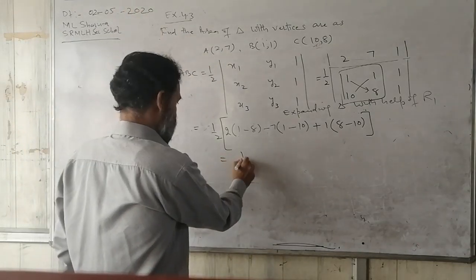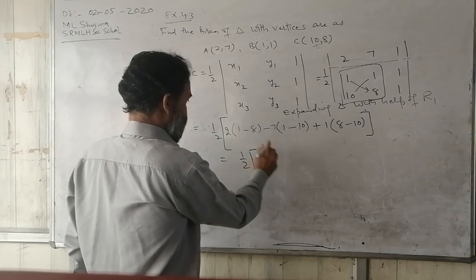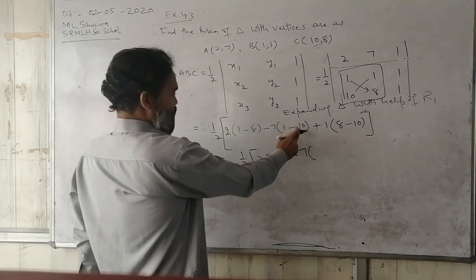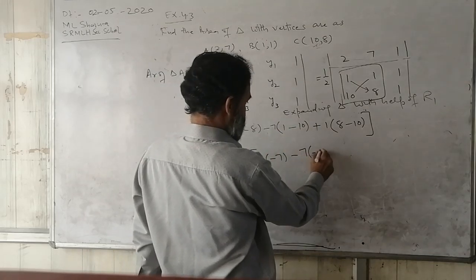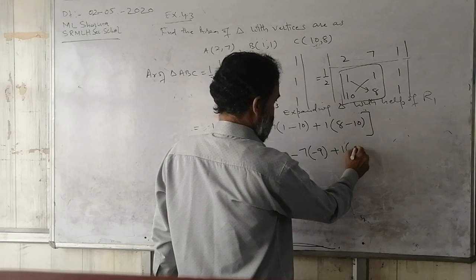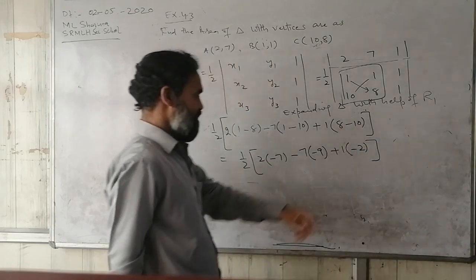On simplification, I can write 2 times (8 minus 1), it is 7, minus 7 times (10 minus 1), it is 9, plus 1 times (10 minus 8), it is 2.